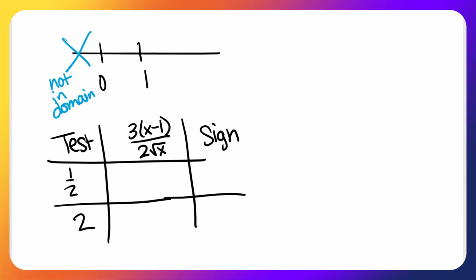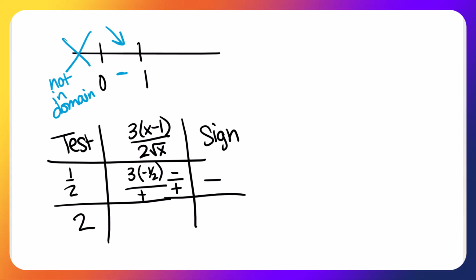All right, so if I plug in a positive 1/2, that would give me 3 times 1/2 minus 1, which would be a negative 1/2 over 2 times the square root of 1/2, which would be positive. So basically I get a negative over a positive, so that's going to give me a negative value. So that tells me that is negative, so I am decreasing on that interval.